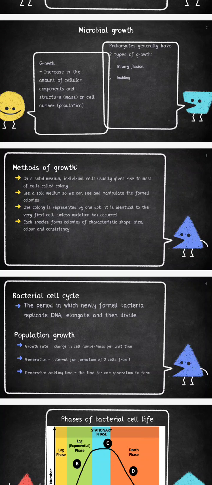Opacity examples are transparent or clear, translucent, iridescent, or opaque. And last is the consistency of the colonies, if it is dry or crumbly.